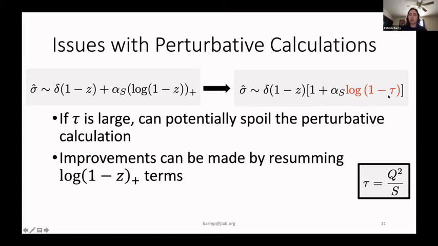So if this tau is near 1, then you can imagine that alpha S times log of (1 minus tau) could be large and potentially spoil the perturbation in alpha S. So we can make improvements by resumming these terms that look like log of (1 minus z) plus.